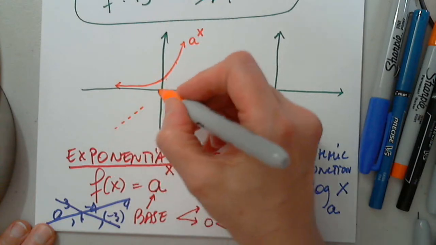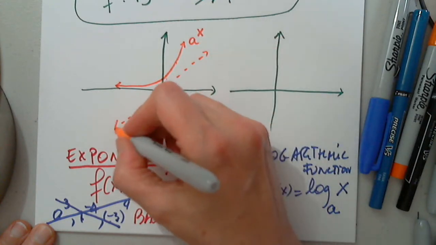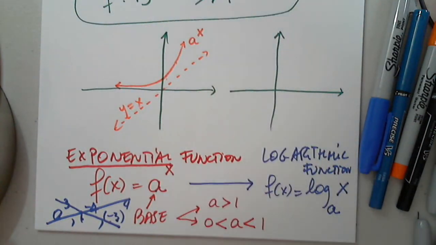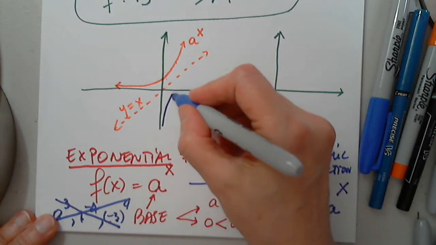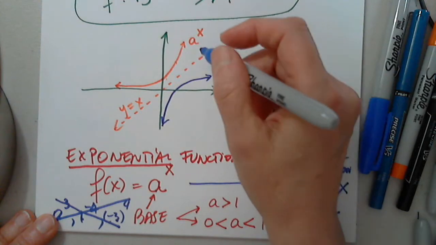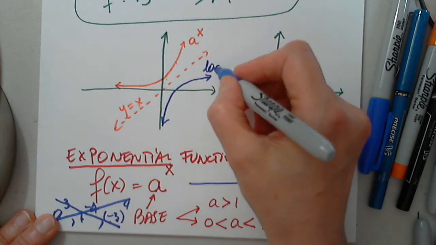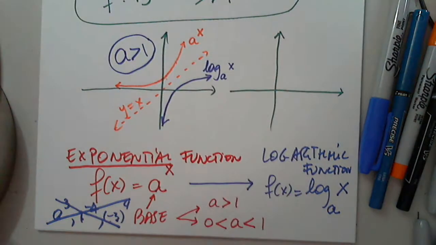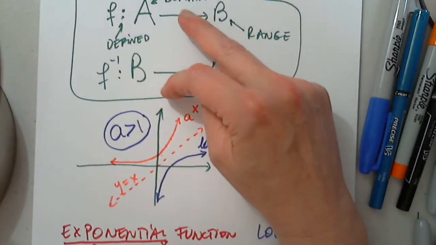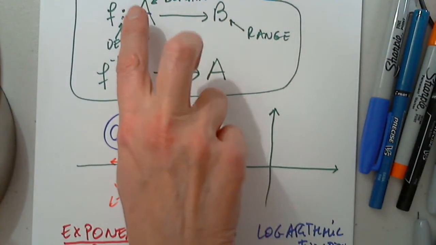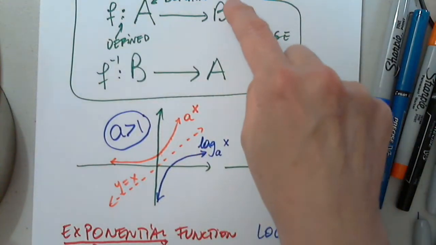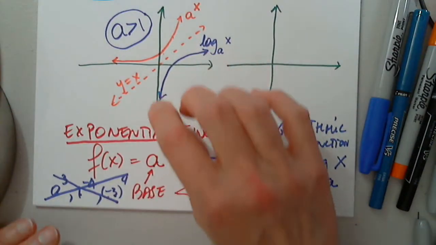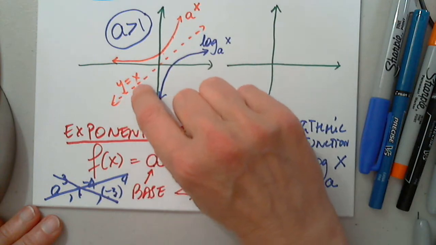Okay, so I'm going to draw y equals x. And I'm going to reflect this graph. And the reflection of this graph is this. And this is the natural log, log base a of x for a greater than 1 in both cases. So whenever we talk about two inverse functions, not only does the domain of one become the range of the other, and the range of the function become the domain of the inverse, but also their graphs are symmetric with respect to this line.